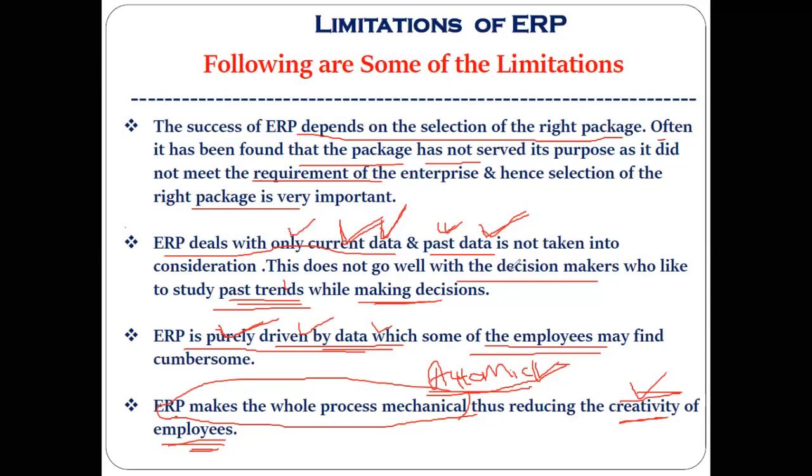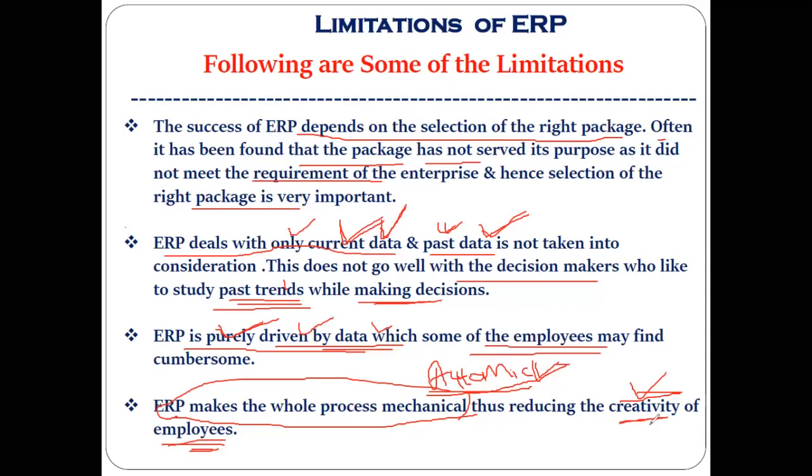But in the case of businesses, if the company's employees do not have to think about which decision to take, because in order to take the decision they are taking the help of the ERP system, then their decision power will get reduced. And why should they think now?